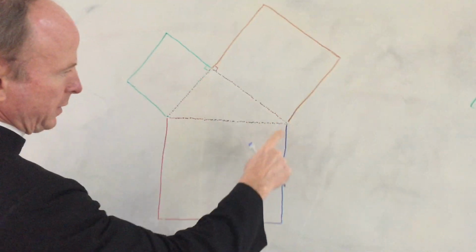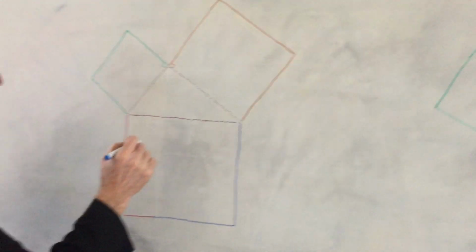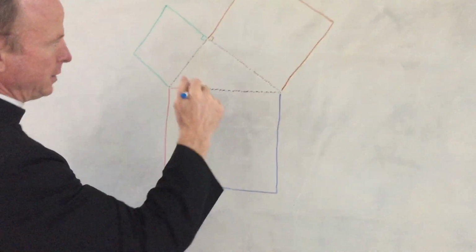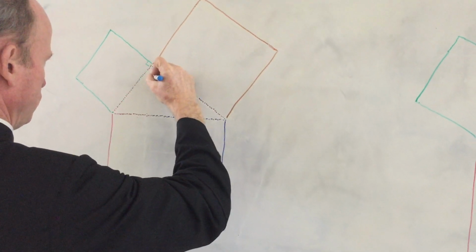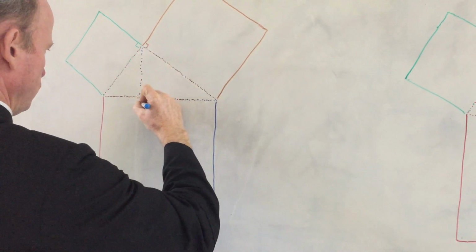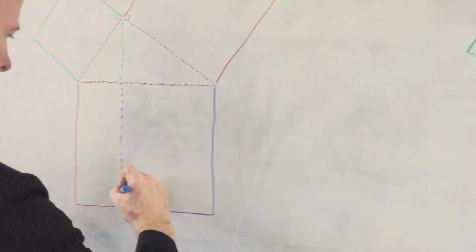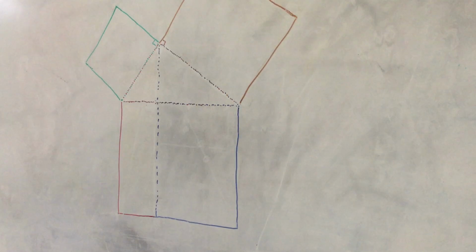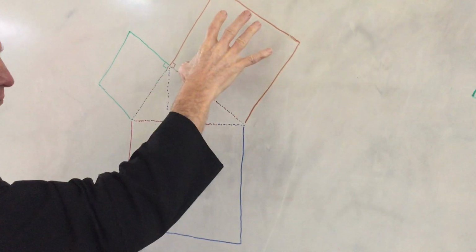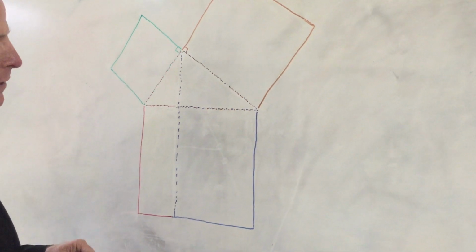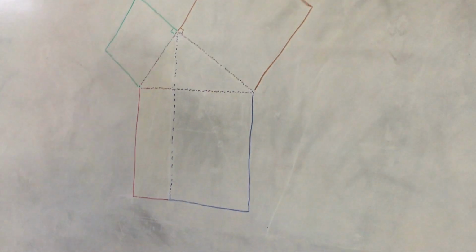So here's a line, here's a point not on that line. Let's draw a line parallel to that line. Now I'm going to show you that this chunk is equal to this chunk. This area is equal to this area.